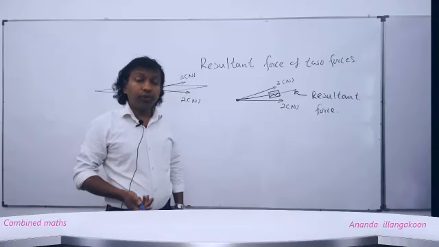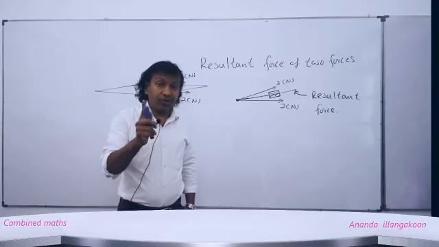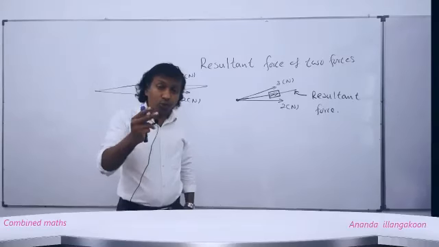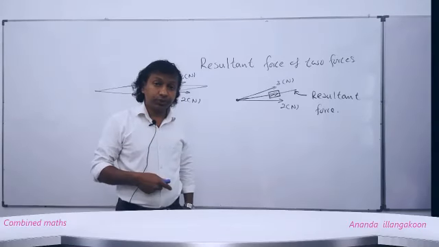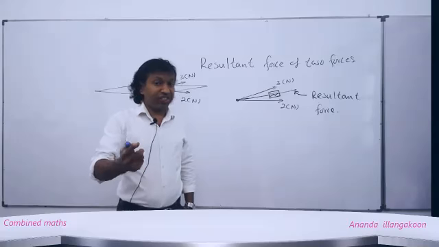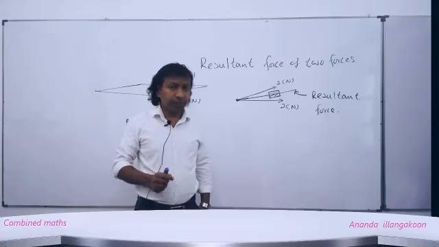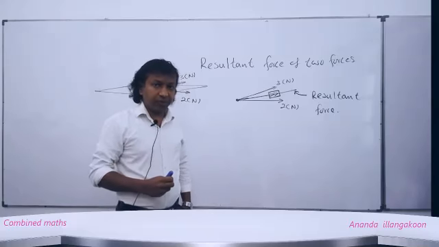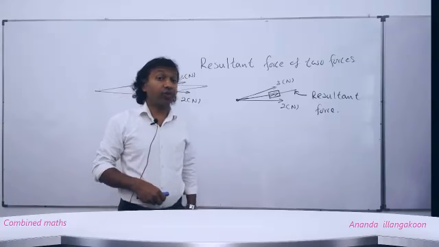Therefore, the resultant force is defined as: instead of two or more forces, what is the single force we can use to give the same effect to this object? That single force is called the resultant force of those two or more forces.